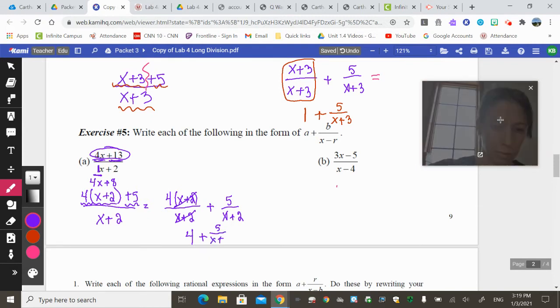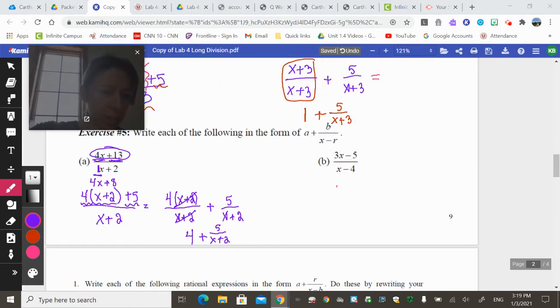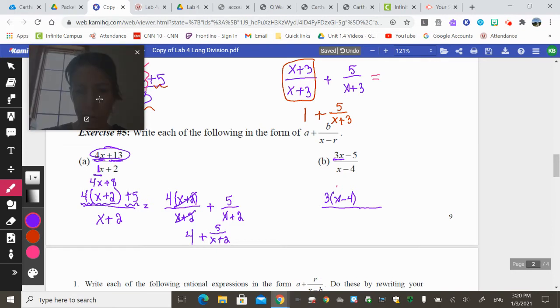All right, last one. If you want, you can pause the video and try this one on your own, or we can just look at this. Obviously there's a 3x here, that means we need 3 times x minus 4. We know that's going to be part of our numerator.